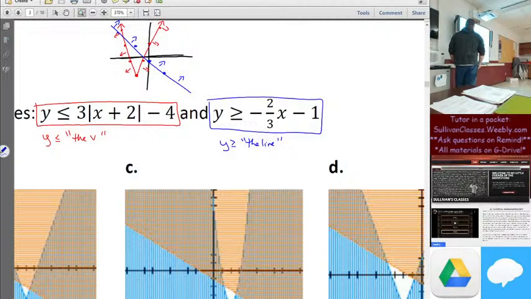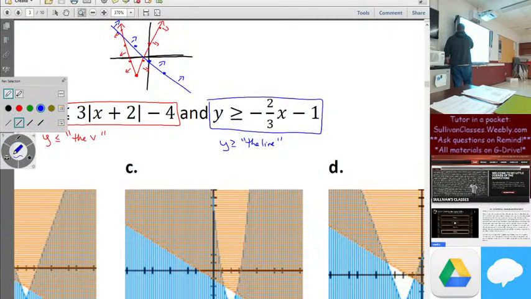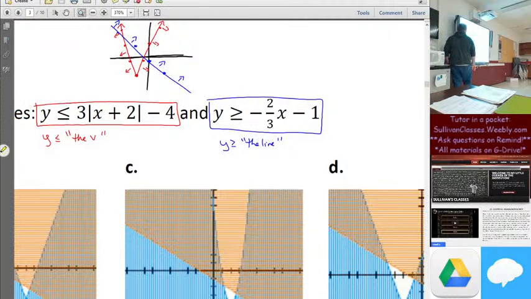So the place where all of them are shading, where all those arrows are headed, right there. Cool?